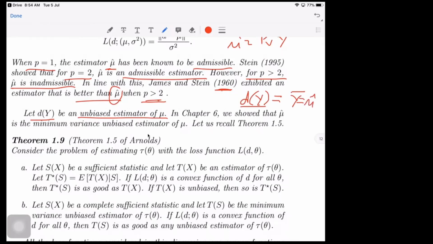But James-Stein proposes another estimator for mu, let me call that mu hat hat, which will give you a shorter length to estimate your mu. So recall in chapter 6 that our mu hat, Y bar, is also the MVUE for mu.